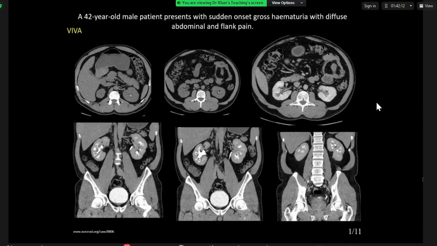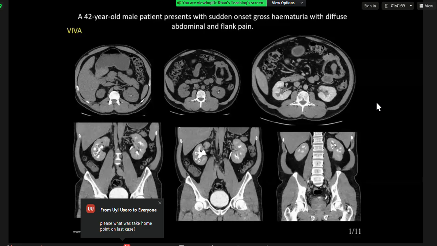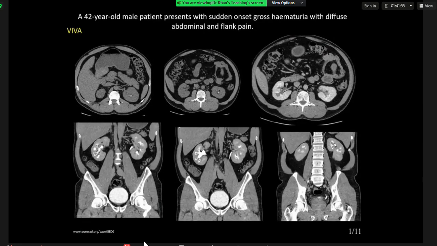On the non-contrast images, I can see foci of calcification in the left kidney, which I think are within the collecting system and possibly some are more cortically based.